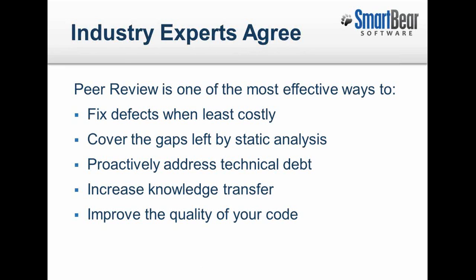One of the common quality metrics that we always cite, and it's very common in the industry, is that defects are least costly to fix before they're released, before they even make it into QA. And code review is one of those ways that you can catch defects before they even make it to QA, catching quality issues at the earliest point possible, when the code's actually being written.